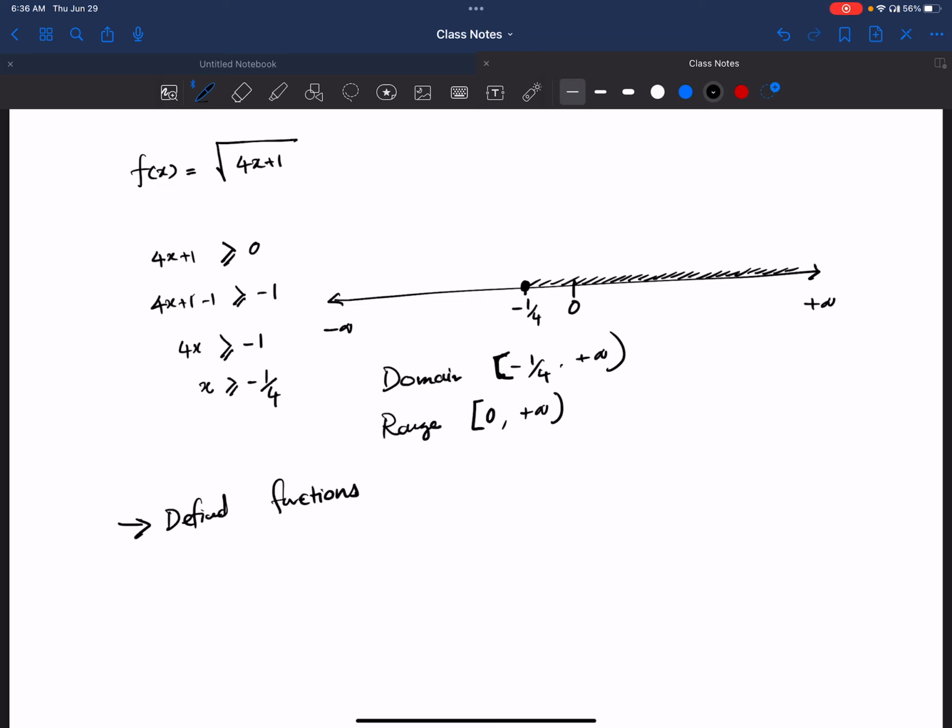We talked about how to find the domain and range, and then we did vertical line tests. If the vertical line test passes, that's a function. If not, it's not a function. And then we talked about odd and even functions, and we did some examples as well.